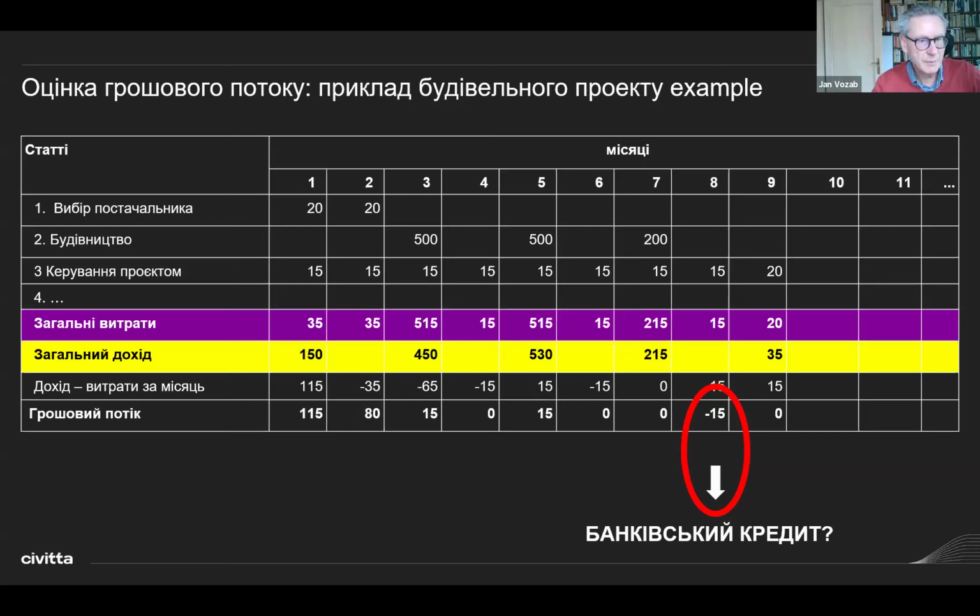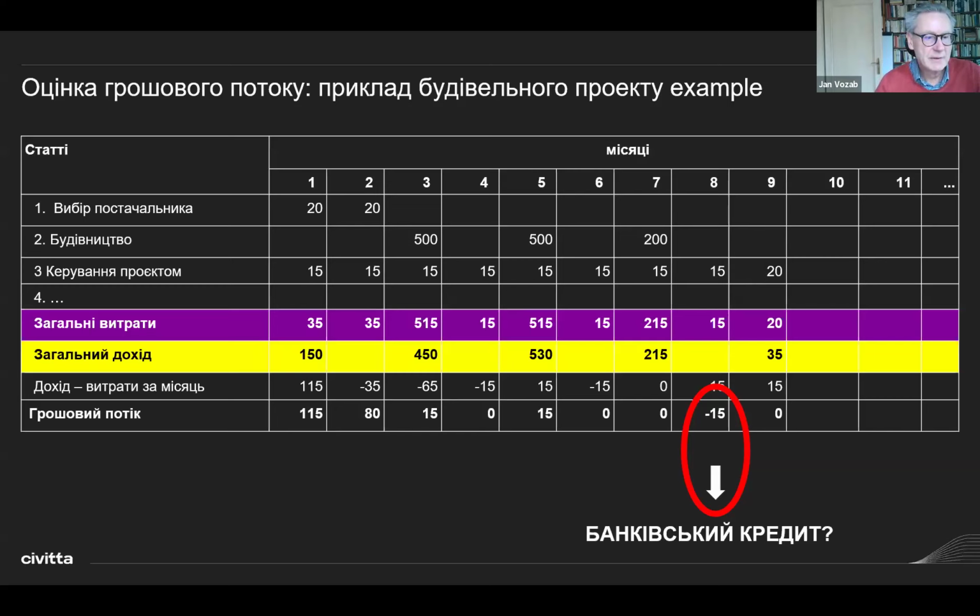So at the beginning of the project, before you start doing anything, you receive 100 units, something, 150 money. Out of this, in the first month you spend only 35, so you will end up with 115 money at the end of month 1.